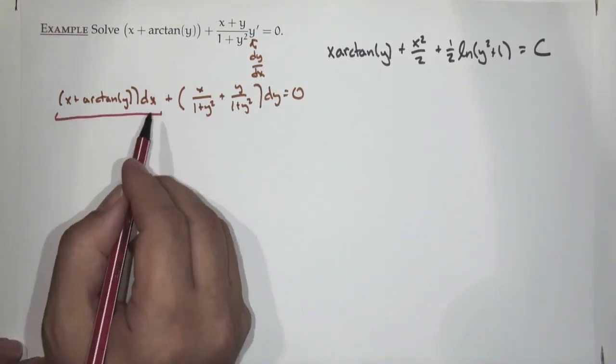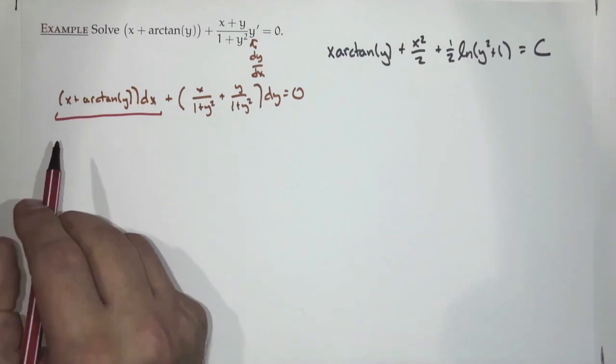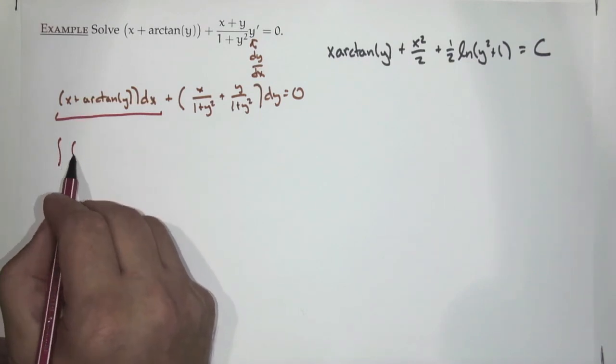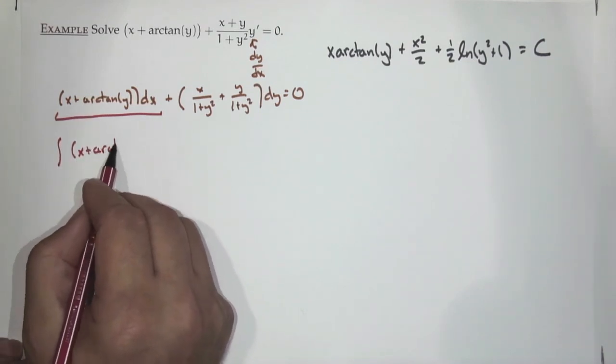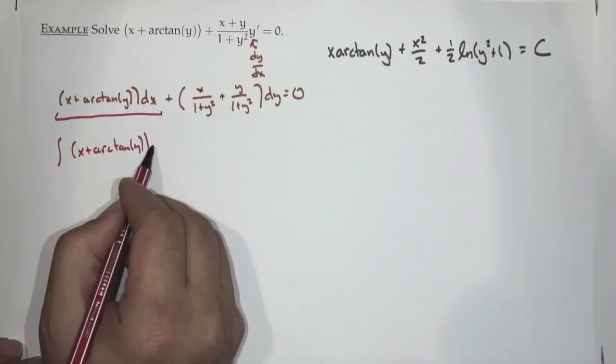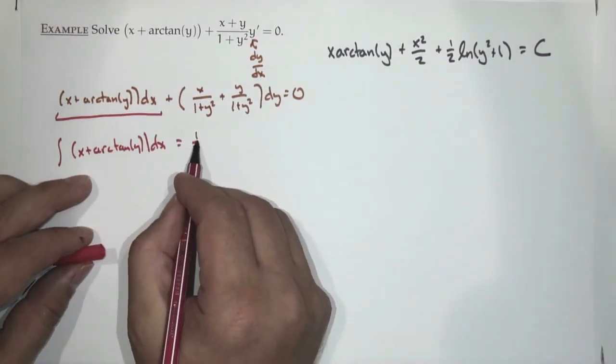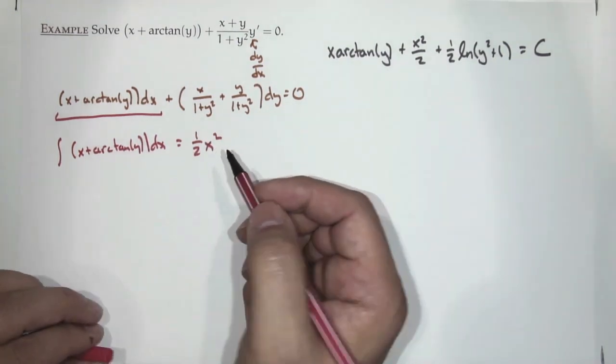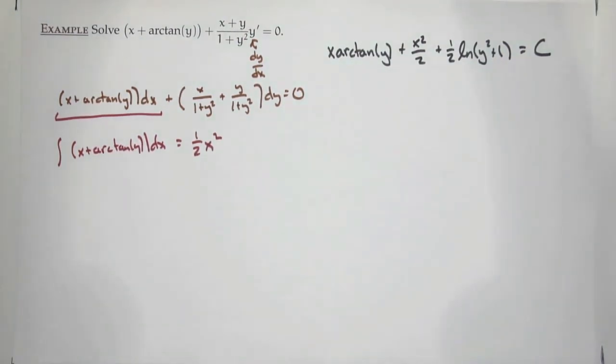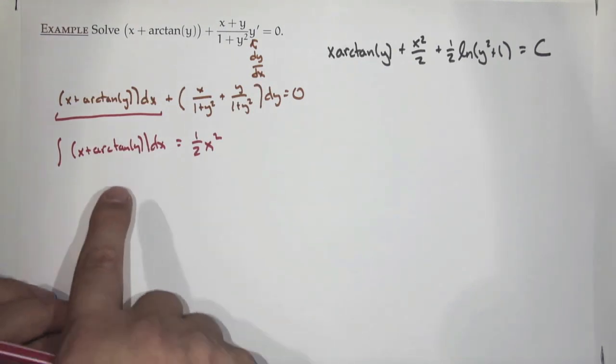So this first integral, there's a dx, integrate with respect to x. So it's x plus arctangent y dx. Well, all right, I know the integral of x. Okay, half x squared. Integral of arctangent y?